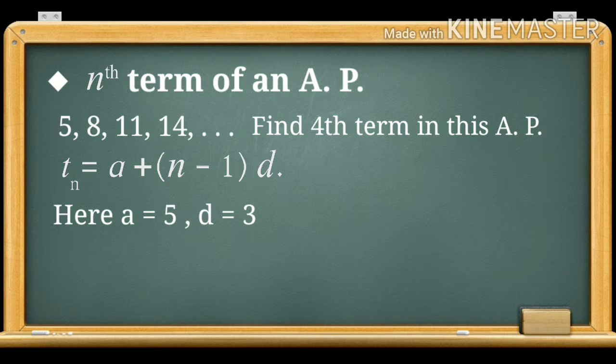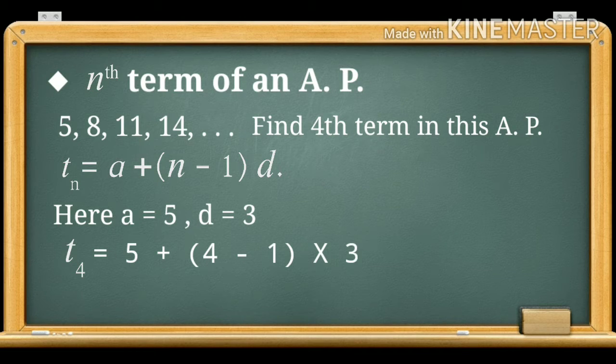So let's substitute that in Tn. Here n is 4. Therefore T4 equal to A, which is 5, plus n minus 1, where n is 4, so 4 minus 1, into D, which is 3.